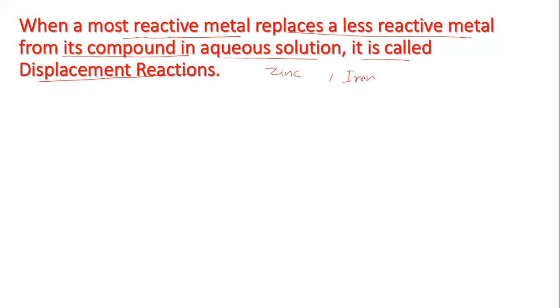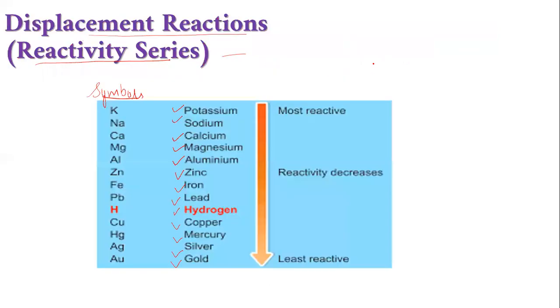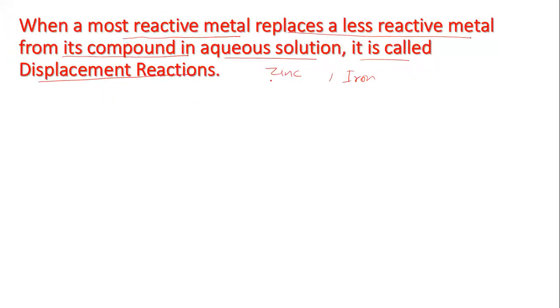If we refer to the reactivity series, we find that zinc is more reactive than iron because zinc is placed above iron. That means zinc is the more reactive metal among these two and iron is the less reactive. Suppose you have FeSO4 solution, which is iron sulfate solution, and we add a zinc granule to it. Then what will be the output?